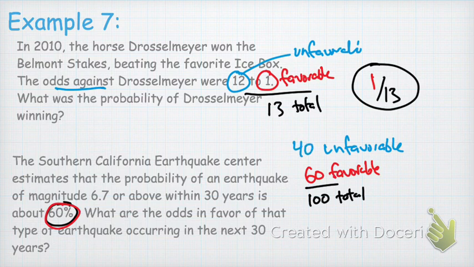And so finally, I can now describe the odds in favor of something happening. The odds in favor means the ways we're interested in versus the ways we're not interested in. And so that would be favorable versus unfavorable, which is 60 to 40.